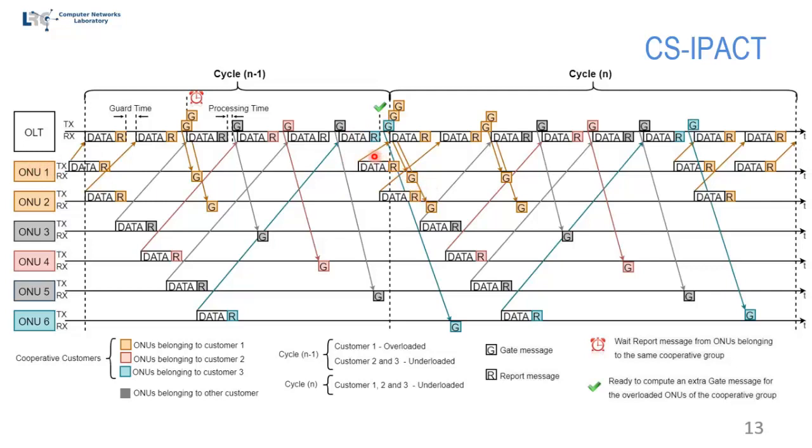In this case, customer 1 can send two bursts of data for each ONU. For example, ONU 1 has a first opportunity to send data here and a second opportunity to send data here. All opportunities are in the same cycle.